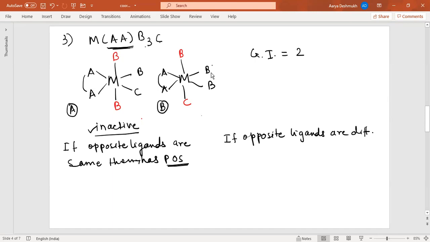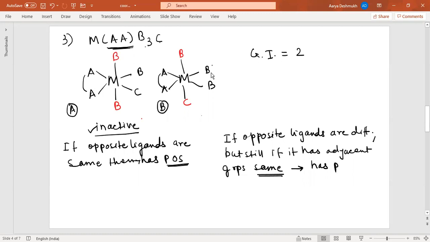So I'll write here: opposite ligands are different, but still if it has adjacent ligands the same, remember, the same, such complexes also have a plane of symmetry. POS means plane of symmetry. And if it has a plane of symmetry, again it would be optically inactive.